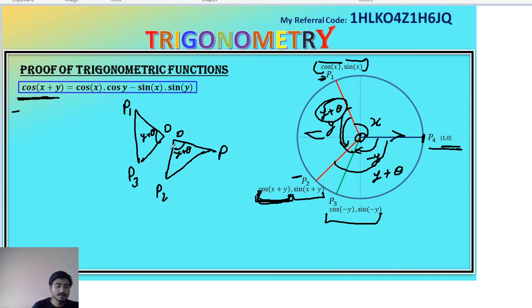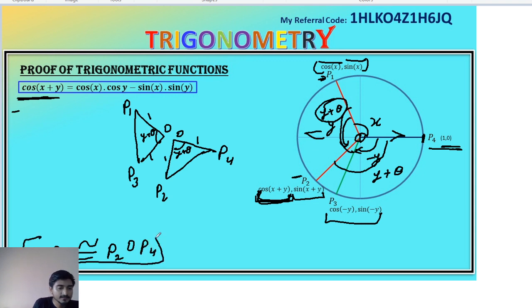Is it clear? And this is equal to 1, this is equal to 1, this is equal to 1, this is equal to 1, because all four are the radius of the same circle. So in this case, we can write that P1 O P3 is congruent to P2 O P4. Can we tell this?